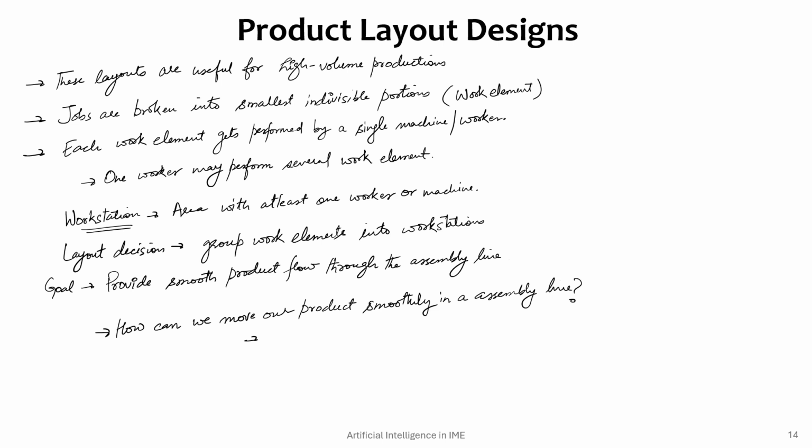So the easiest way is to allocate work so that each workstation asks for the same amount of time to process the work element on that workstation, right? So when each workstation takes the same amount of time, then the product will flow smoothly and there will be no bottlenecks, so there will be no waiting or idle time.